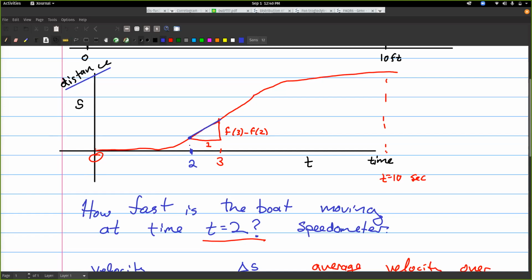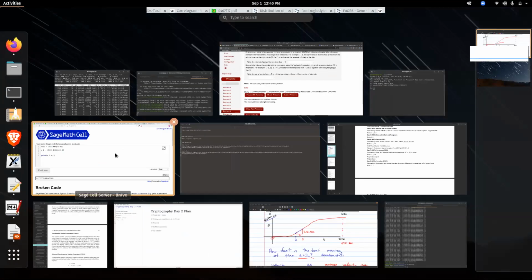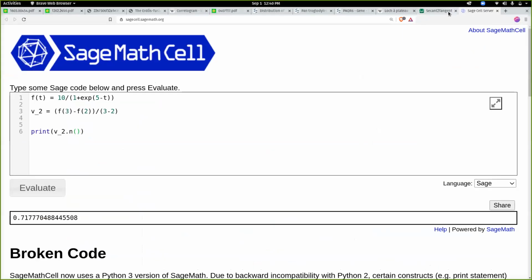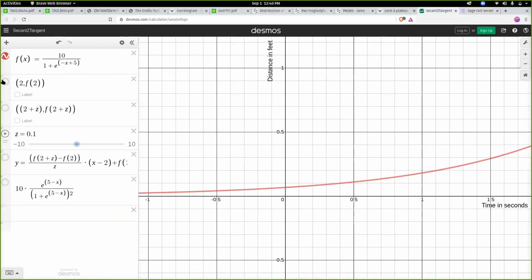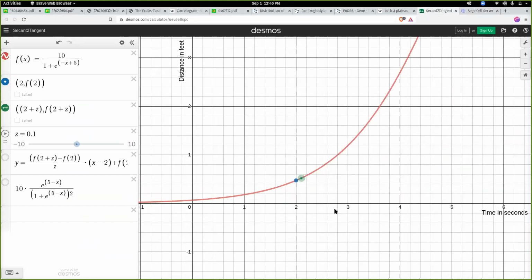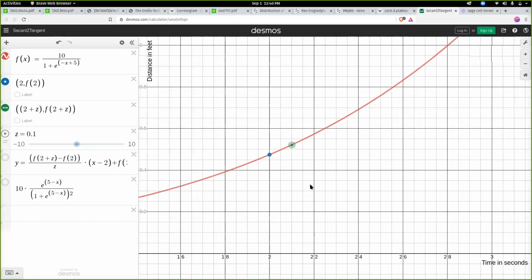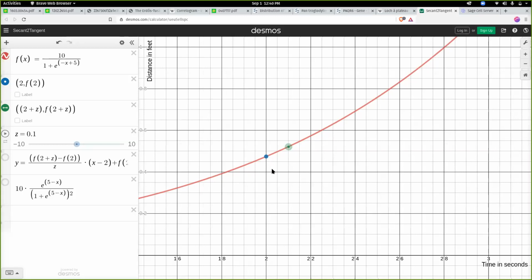If we go back to Desmos, and I'm going to turn on these things now. So let me get my scale right. Okay, so now you can see these two dots. So I've got a slider here.